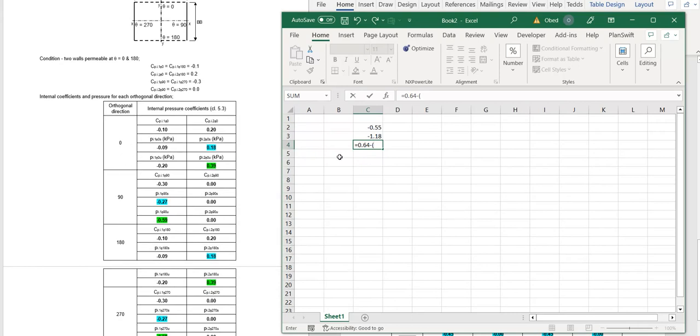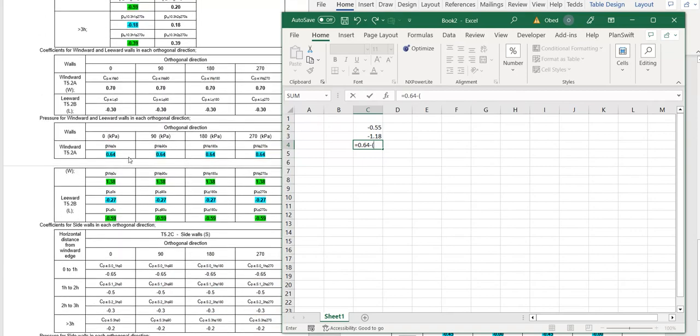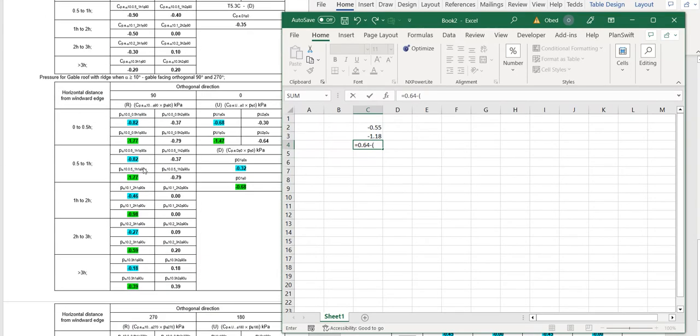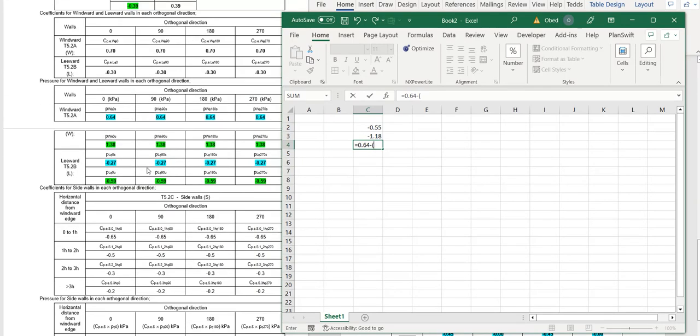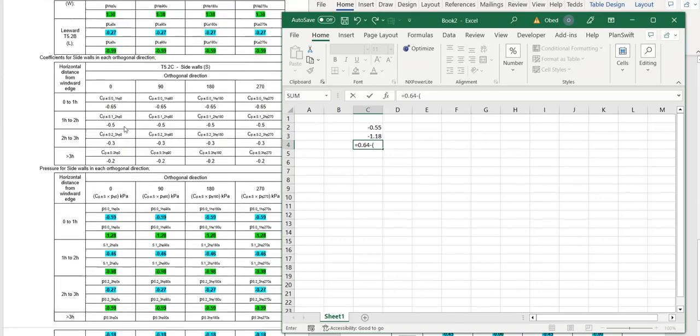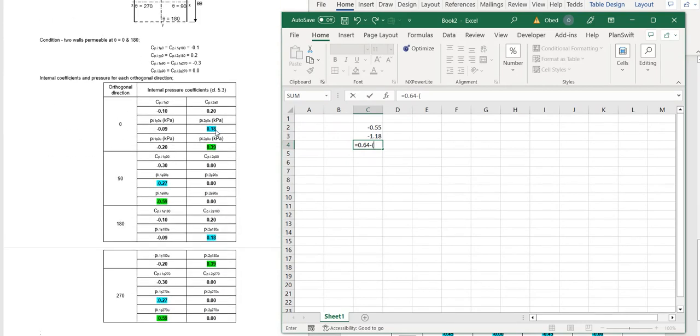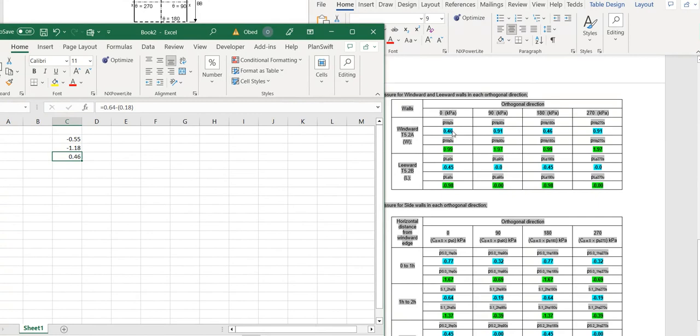Zero minus, I'm considering serviceability limit states here. It is 0.64. Go here, the serviceability limit states, which is minus 0.18. Enter on the keyboard, gives me a value 0.46. So go back here, which is 0.46.